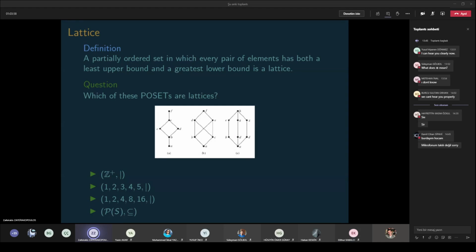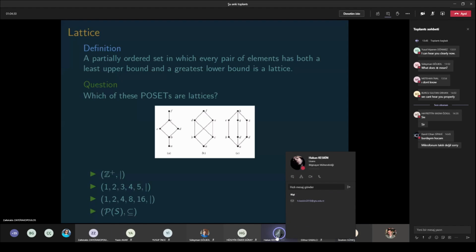Kamil Zihan. Yes, so is it a lattice or not? I really don't know, but I think it could be because everyone has least upper bound and greatest lower bound if they can divide. So I guess for the first one would be the greatest lower bound.